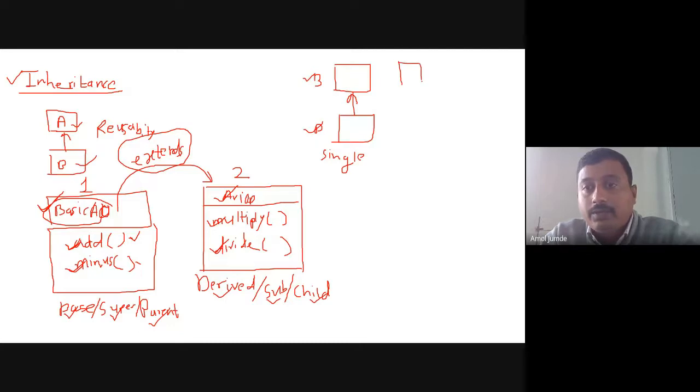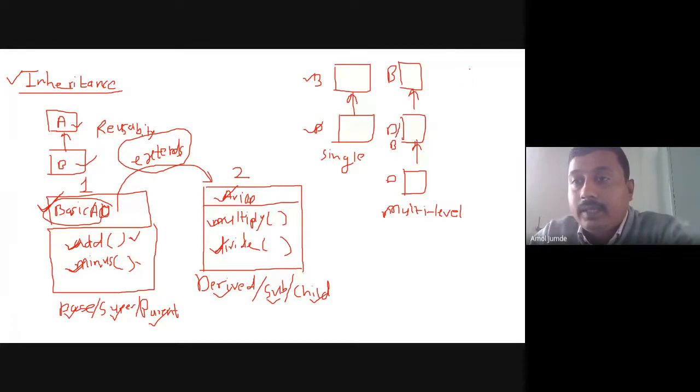Okay, when you have this hierarchy, you have a base class, you have a derived class which is also the base class of another derived class. This is known as multi-level inheritance.